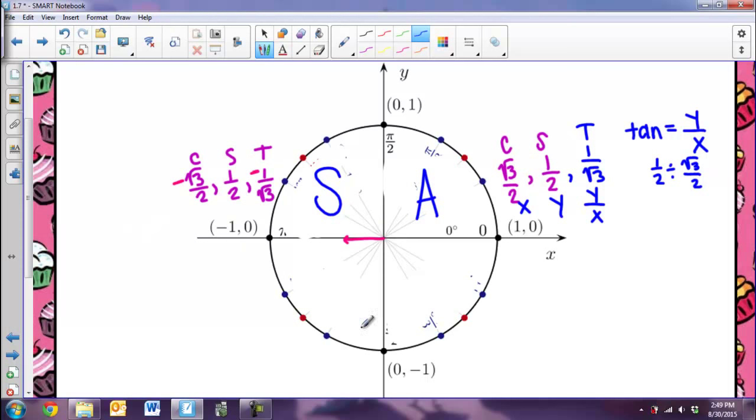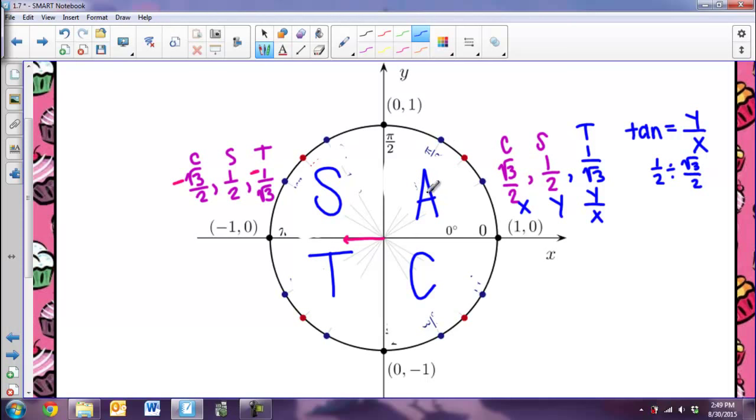Down here in quadrant 3, you're going down and you're going to the left, which makes your cosine negative and your sine negative, but then your tangent, a negative divided by a negative, is going to be positive. So the only positive value will be tan. And finally, in this quadrant, you're going down, so your sine will be negative, so your tangent will also be negative, but then you're going to the right, which makes your cosine positive, so only cosine is positive here.